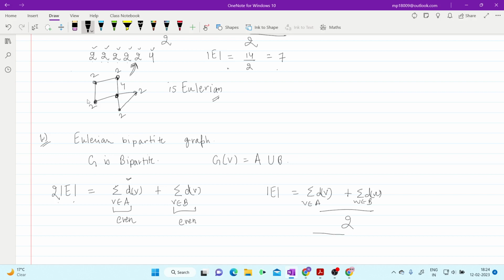Now can we guarantee that this quantity will always be even using some property of bipartite graphs?